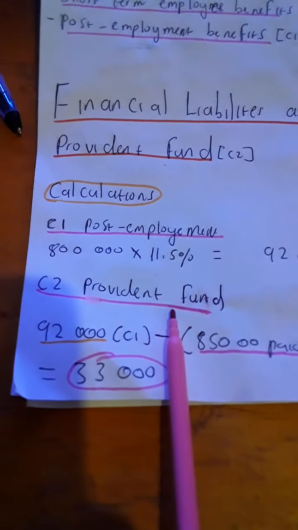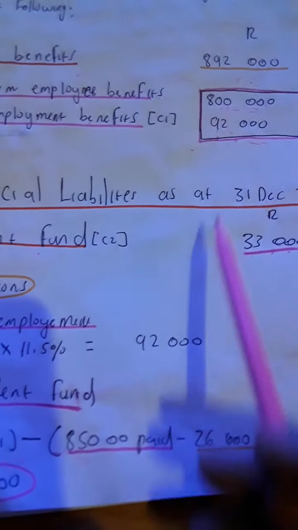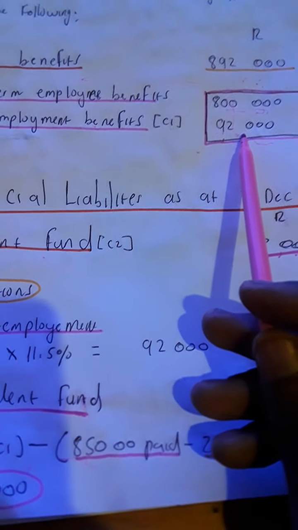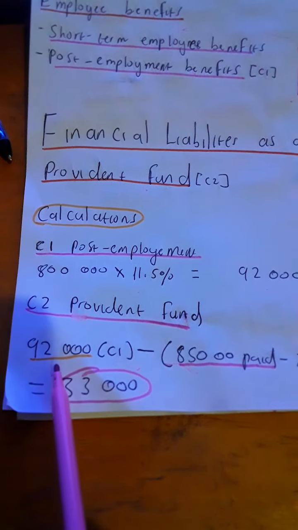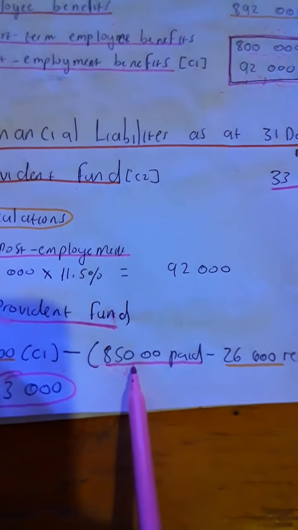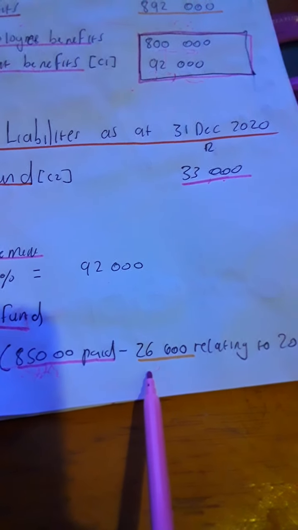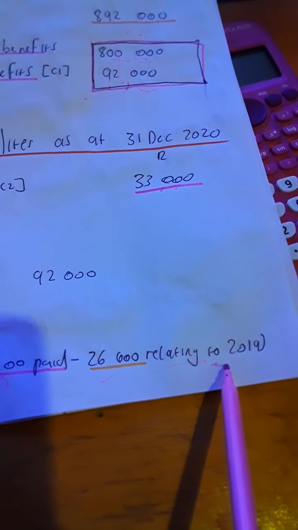Remember, we calculated that our post-employment benefits gave us 92,000 for the current year, right? This is the 92,000. We were also told that 85,000 was paid in the current year, of which 26,000 relates to the previous year, which is 2019.